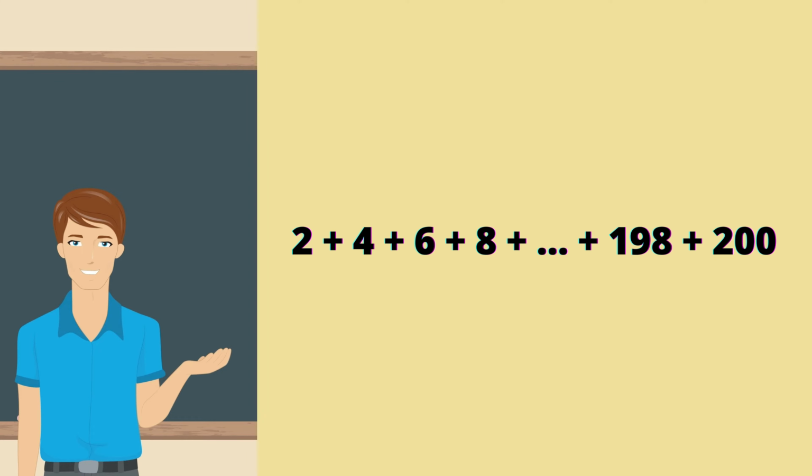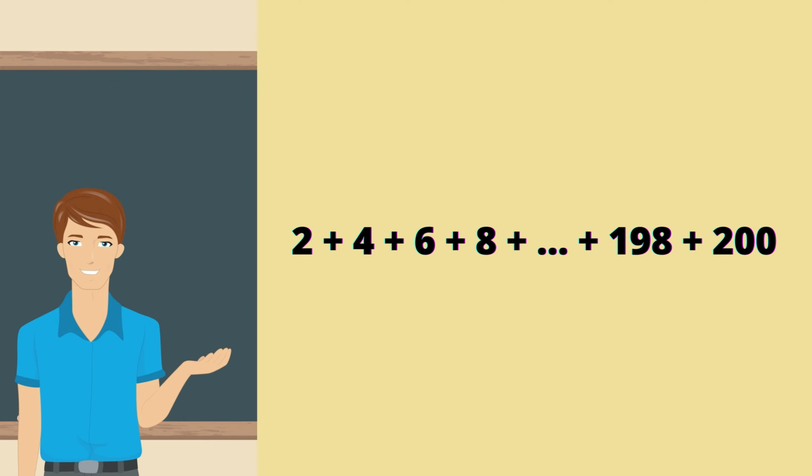Previously, we learned that by substituting i with the lower limit of the index of summation up to the upper limit, we can expand the sigma notation into a sum of numbers, or series. Now what if your teacher asked you to express the sum of these numbers in sigma notation?